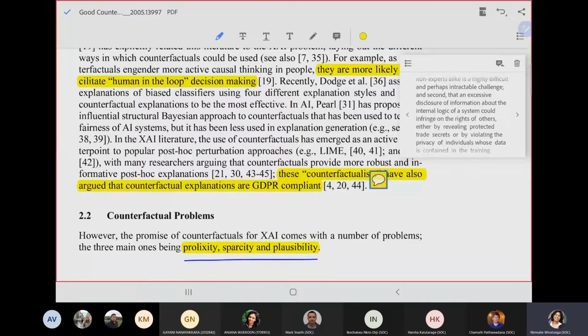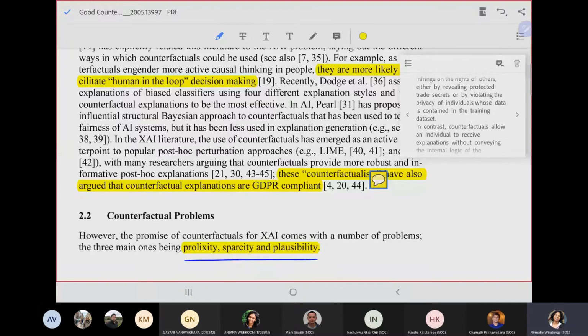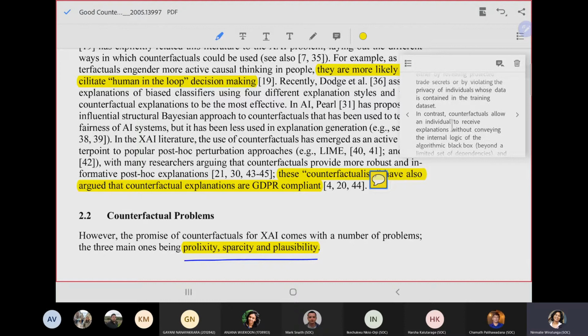And second, that an excessive disclosure of information about the internal logic of a system could infringe on the rights of others, either by revealing protected trade secrets or by violating the privacy of individuals whose data is contained in the training dataset.